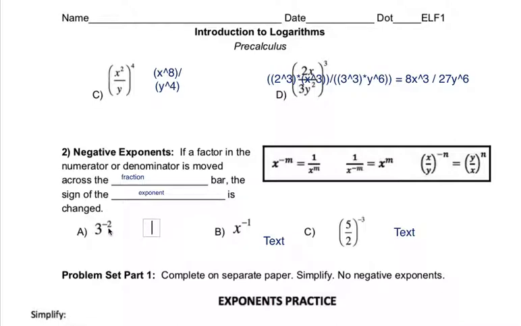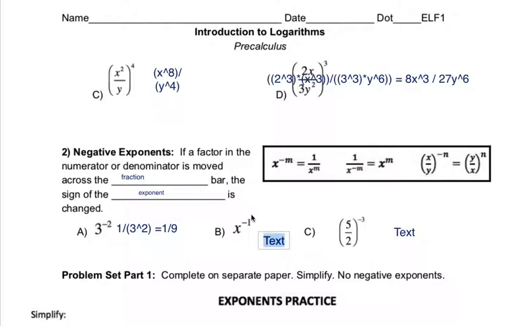So when I have a negative exponent, the first thing I need to do is take the reciprocal. So this would be 1 over 3 to the second power, which is the same as 1 over 3 squared, which is 1 over 9. That would be my answer for that one.